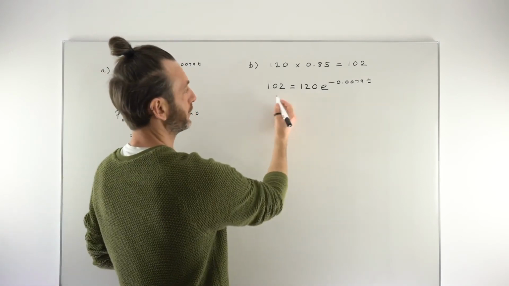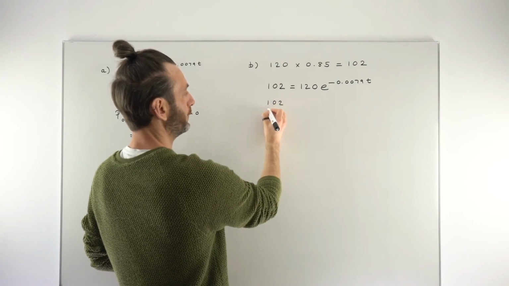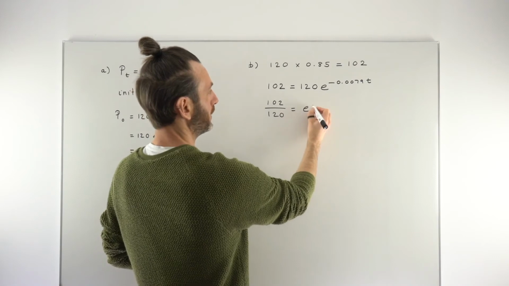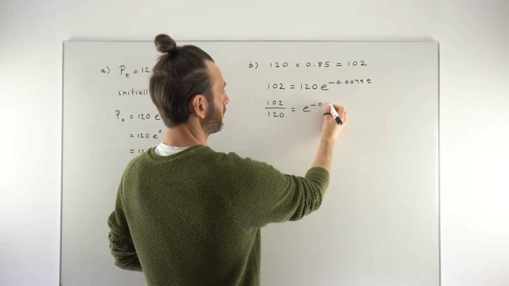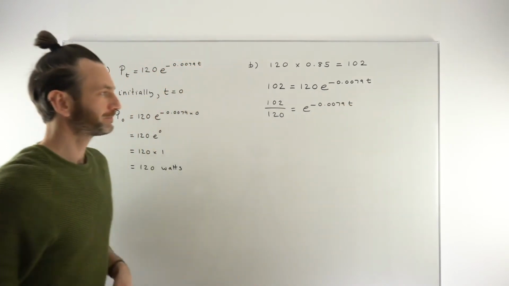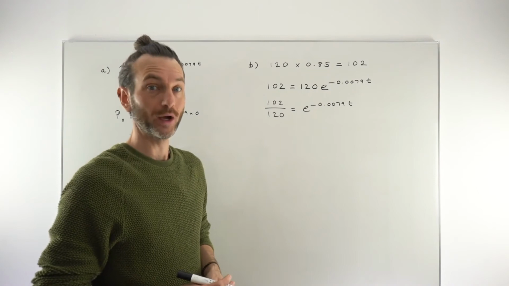So first of all, simplifying by dividing both sides by 120. So we're going to get 102 divided by 120. So that's just normal sort of equation work, leaving us with this e term, which is a little bit cumbersome to write. Basically, now we're going to take the log to base e, which we can shorthand as ln.